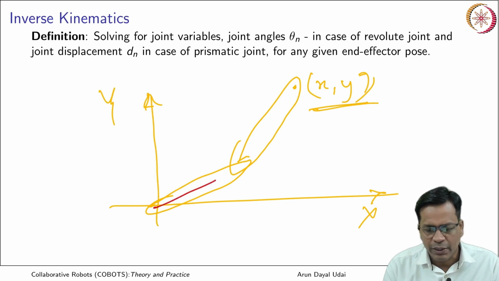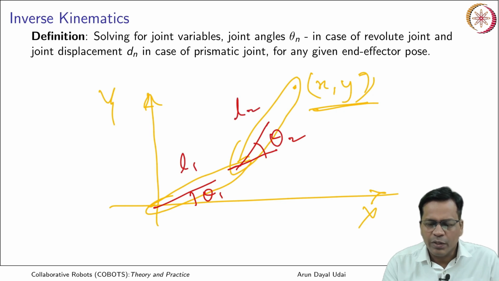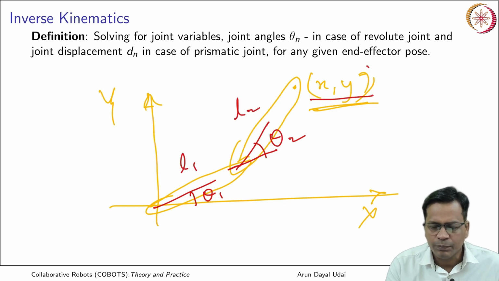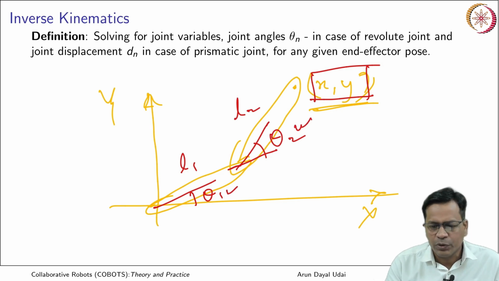So first joint angle is, let us say, theta 1, the second joint angle is theta 2, link lengths are given L1 and L2. So given the end effector position, finding out the joint angles that will actually take it to that particular position. So solving for these problems is known as inverse kinematics analysis.